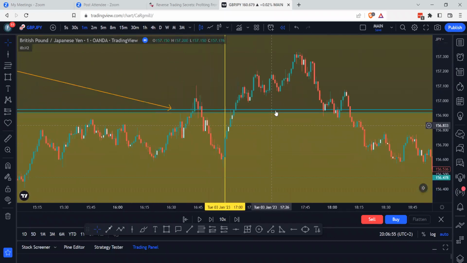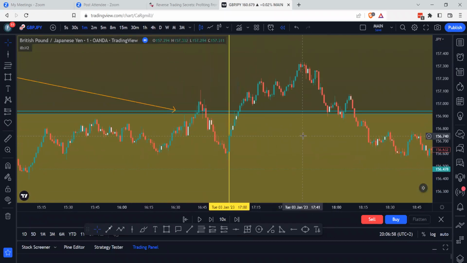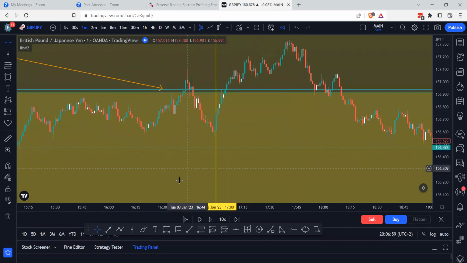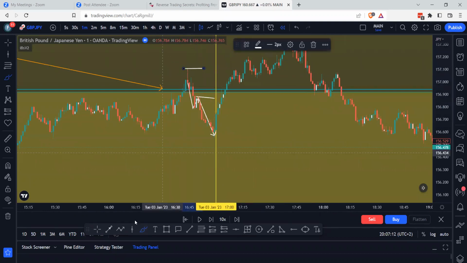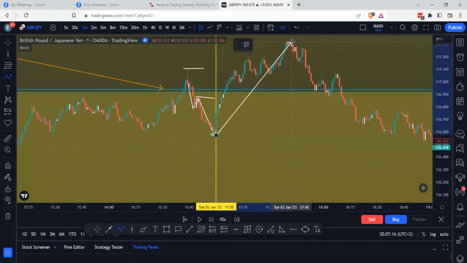So what can we see in this case? This is the point of the retracement over here. You can see this little structure here on 1 minute. We can see these highs taken out by this particular move here.